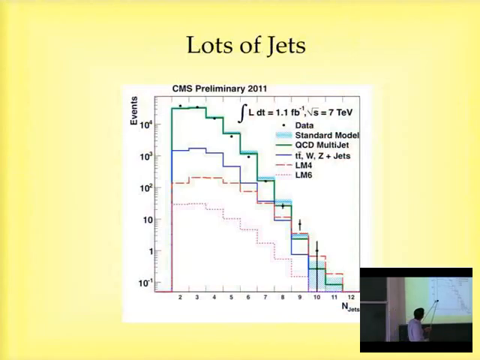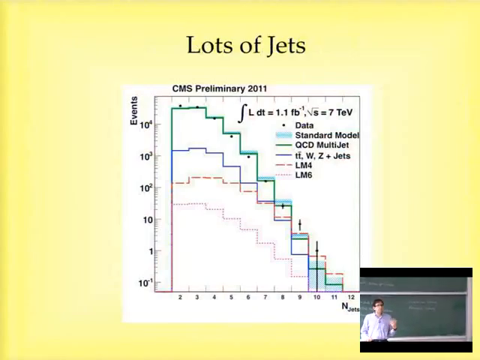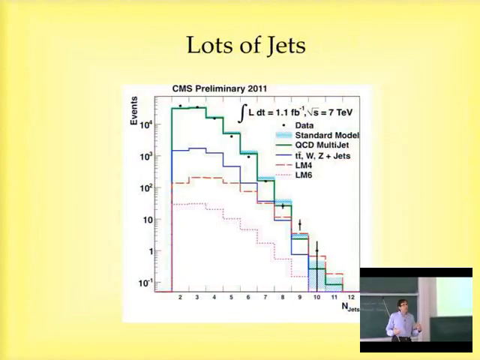Even at the beginning of 2011, we had events with up to 10 jets, and by now that has probably pushed further, to about 11 jets. So in principle, we cannot be satisfied, from a theorist's point of view, with calculating things that have 1 jet or 2 jets. We really need to be thinking about a lot of jets at the same time.